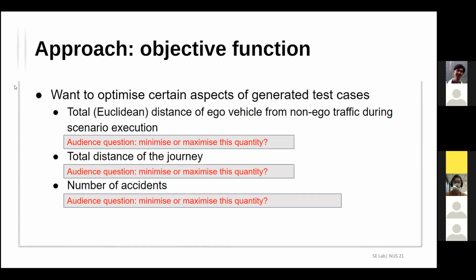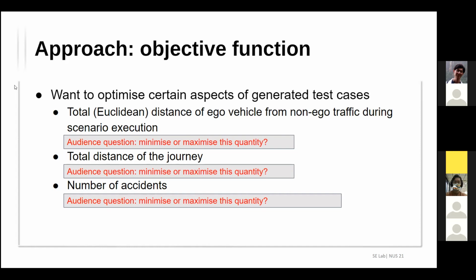If we want to test it, we want to test it in a comprehensive way. We want to cover as many corner cases as possible. So if we want to trigger the autonomous system into an accident, how do we minimize or maximize certain quantities in the scenarios?